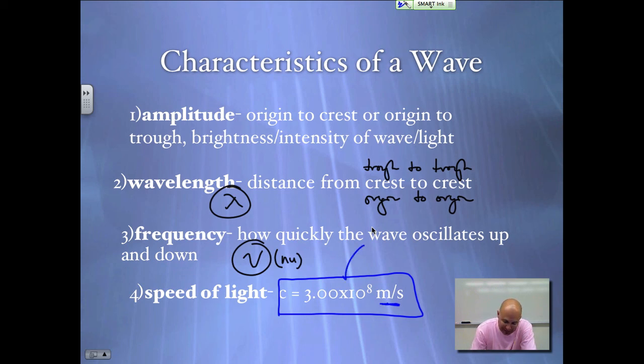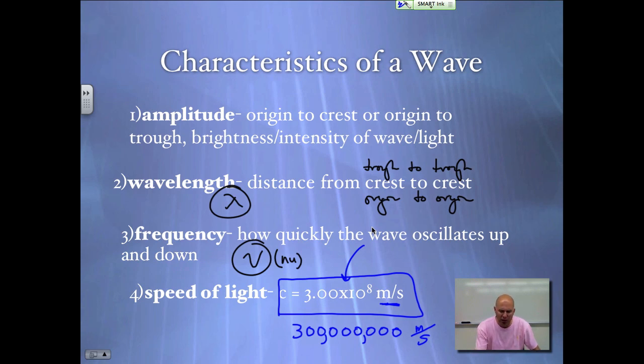Notice how fast it is: 3.00 times 10 to the 8th, so 1, 2, 3, 4, 5, 6, 7, 8. 300 million meters per second. In this, the meters this far, it's going 300 million of those in 1 second. Ridiculously fast. We know that the speed of light is super fast, certainly faster than the speed of sound.